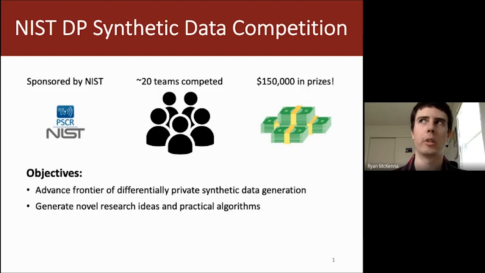So there have so far been two competitions, one in 2018 and a follow-up in 2020. In the 2018 competition, there were 20 teams that submitted at least one solution, and there was $150,000 in prizes dispersed to the winning teams.